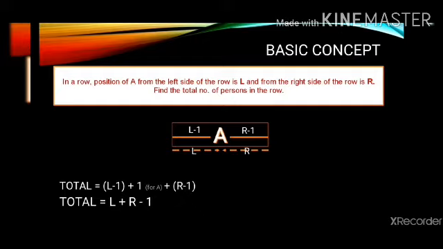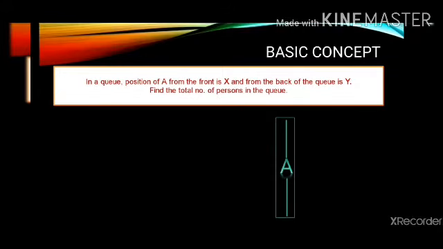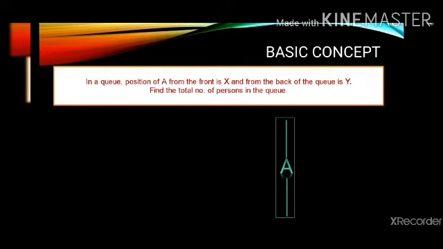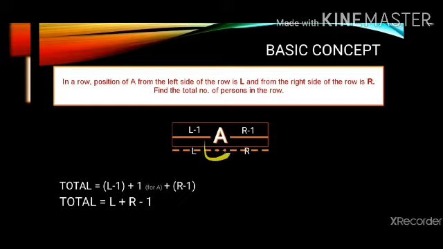Now you can understand, when you are writing L plus R minus 1, you have counted A twice. In L you have counted A, in R you have counted A. So when you add these two numbers, L and R, you are subtracting 1 because you have counted A twice in this formula.